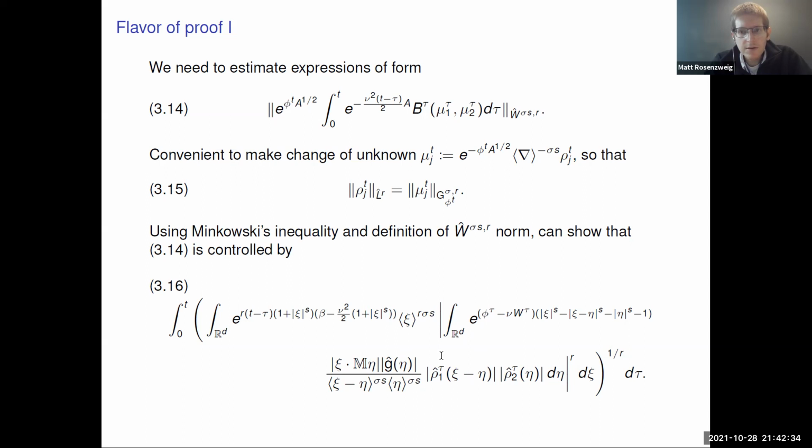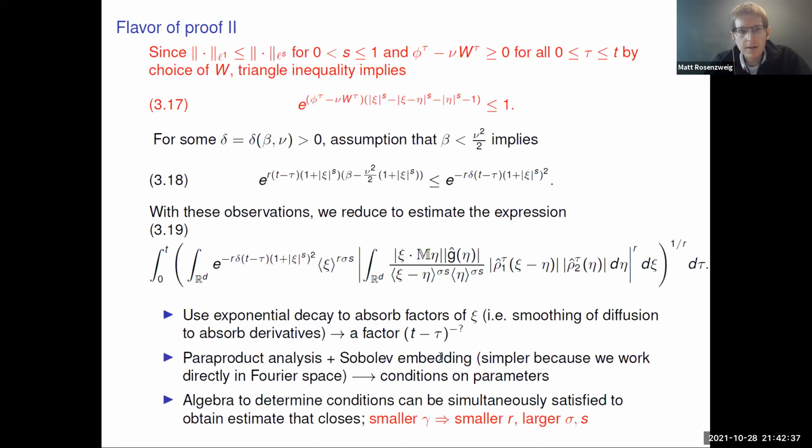So, okay, now you've reduced to estimating this ugly expression down here. And I think the two important things to take away are the following. Well, the first is that we need to make sense of this exponential weight appearing right here. In particular, I have this noise, W, appearing here, and I somehow need to control that.